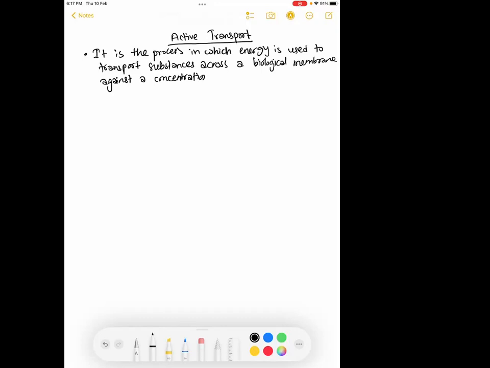So yeah, you're right, from a lower concentration to a higher concentration. It's important to mention that energy is used in this process, okay? What else? How do we get this energy? Obviously from respiration.